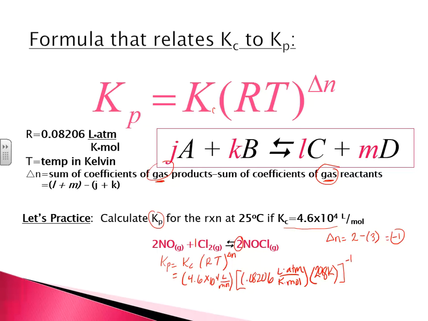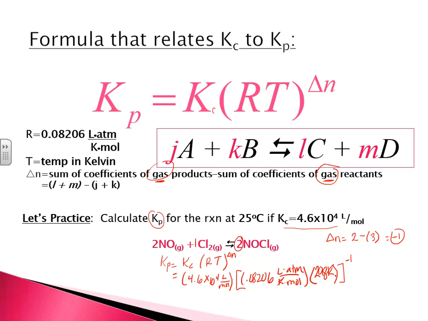So I'm going to go ahead and multiply 298 times 0.08206. Notice with your units, the Kelvin cancels with the Kelvin. And this is raised to the -1 power.